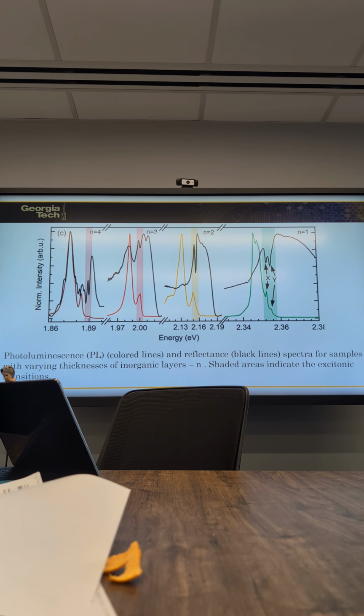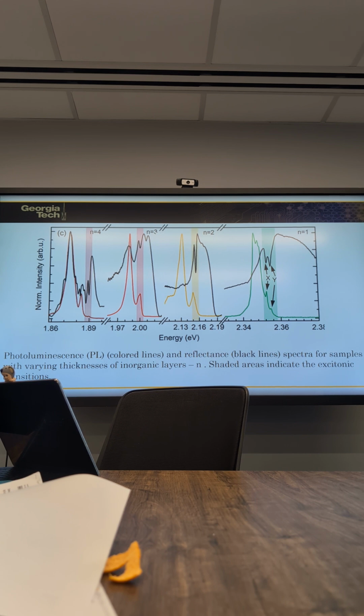Oh no, it's okay, it's correct. So a shift toward lower energies is an indication of decreasing quantum and dielectric confinement. Why? Because now we have lower energy, the band gap is lower, so we can just create the exciton, but we cannot separate.